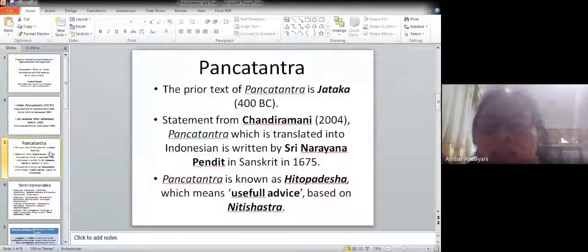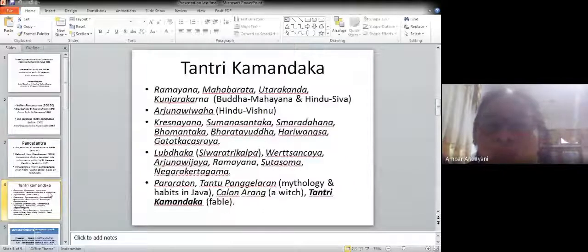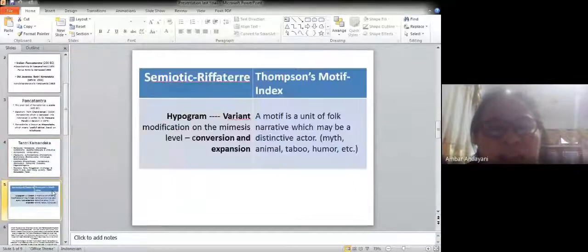I use Riffaterre's semiotics and Stith Thompson's motif theory. According to Riffaterre's semiotics, there is a hypogram before the text itself. Here, the hypogram is the Panchatantra, and the variant is Tantrika Mandaka.